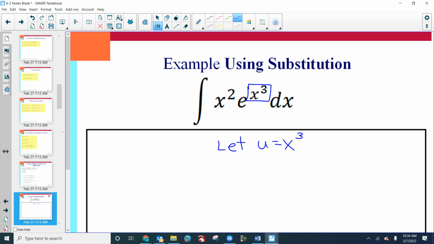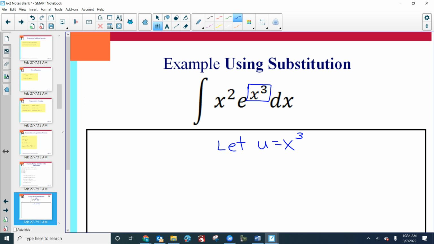What if it was the sine of something? We're going to let u equal that something on the inside. Are you with me? Let u equal the input of the function. Square root of u, let u equal the inside of the square root function.